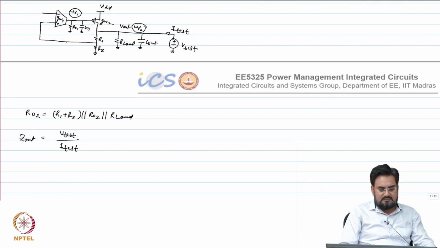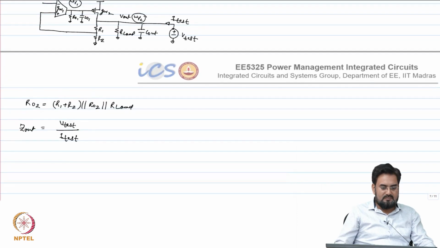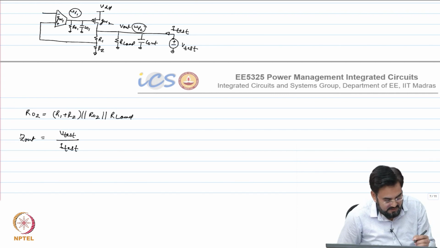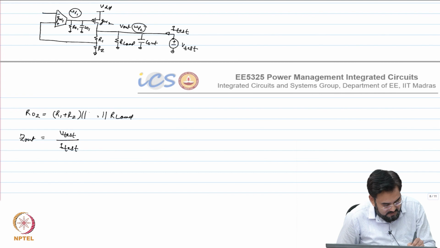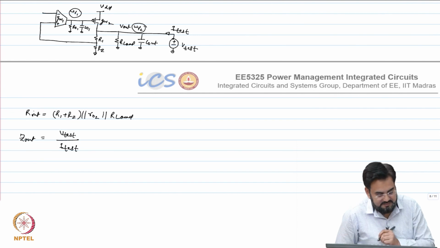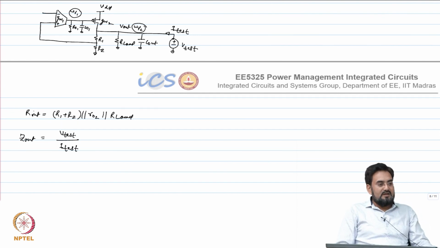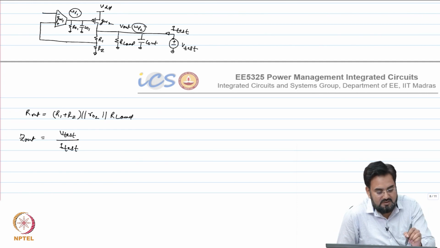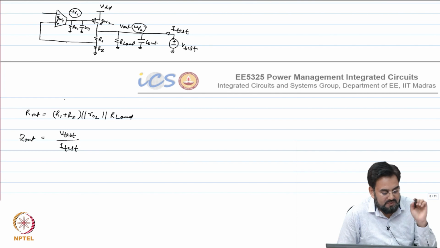Can anybody do quickly? 1 by GM2. Why GM2? What is the DC resistance? Z out at DC. I don't want you guys confused with RO2 and that. So RO2 is defined as output resistance or RDS of your MOSFET, and let's call the overall equivalent output resistance R out.